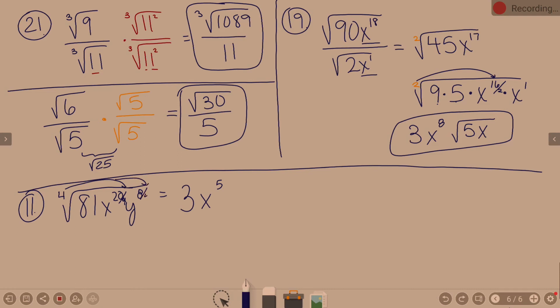Same thing. Divide by 4 and it becomes y to the 2nd. Now, I just did a 4th root. Do I need to consider absolute value? Can a 4th root have a negative answer?